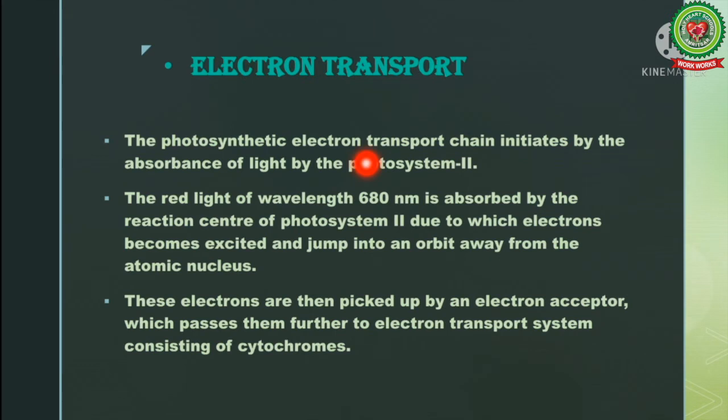Electron transport. The photosynthetic electron transport chain is initiated by the absorption of light by photosystem 2. The red light of wavelength 680 nanometer is absorbed by the reaction center of photosystem 2, due to which electrons become excited and jump into an orbit away from the atomic nucleus. These electrons are then picked up by electron acceptors, which pass them further to the electron transport system consisting of cytochromes.